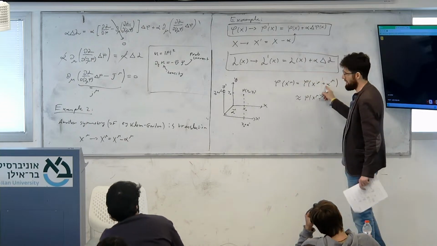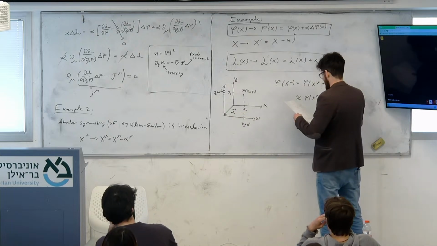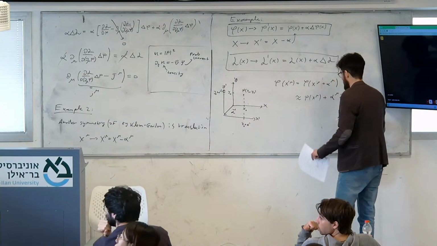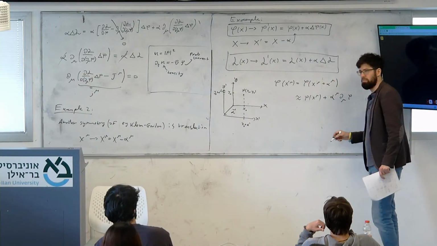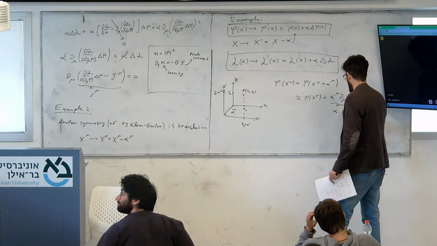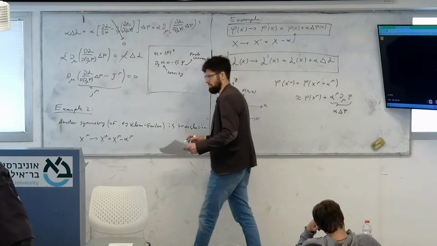Okay, so this plus here comes exactly because of this drawing that I made here, plus alpha mu d mu phi. And then this guy is basically our alpha delta phi.